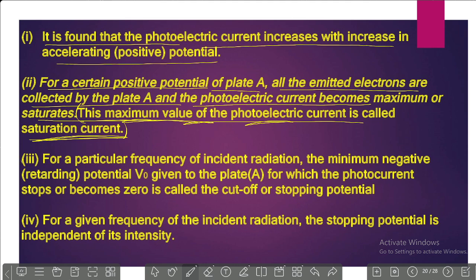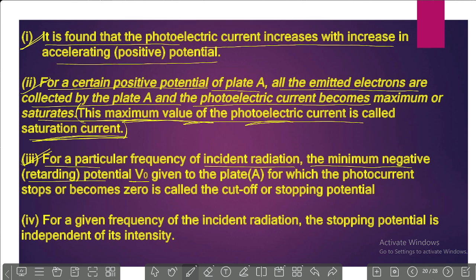Next, third point, listen. So 2 points over. The next point is, for a particular frequency of incident radiation, the minimum negative retarding potential V naught, already I discussed. V naught is what kind of potential? Negative retarding potential. Negative potential means retarding potential, it is decelerating the electron.